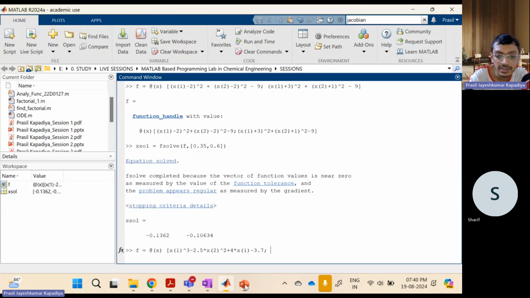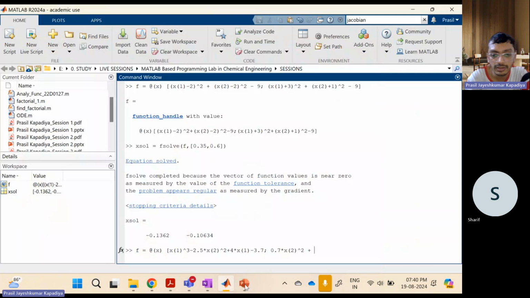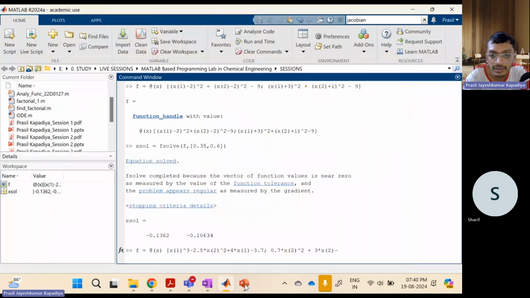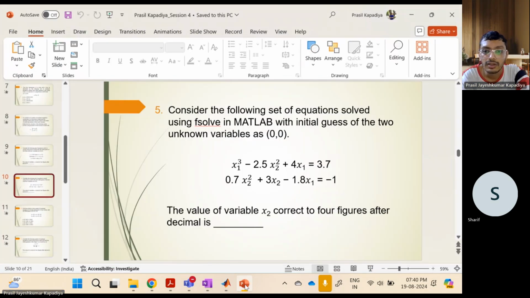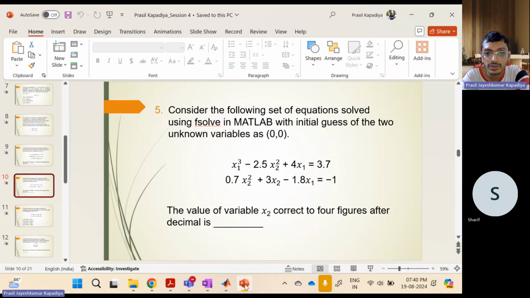My second equation is 0.7 into x2 square plus 3 into x2 minus 1.8 into x1 plus 1. Okay, and I was supposed to find it at 0, 0, I guess.